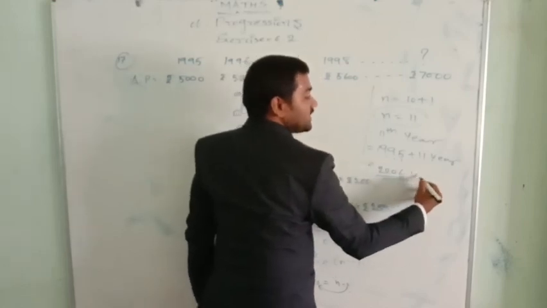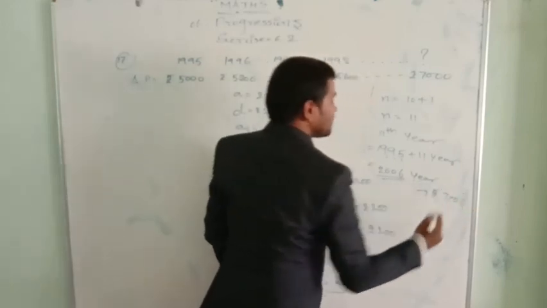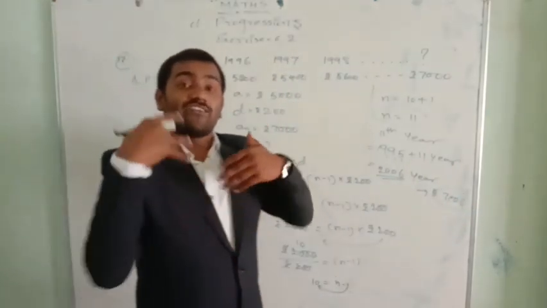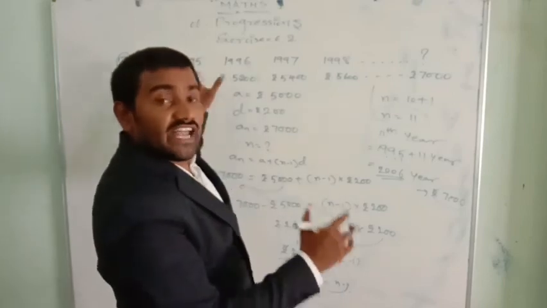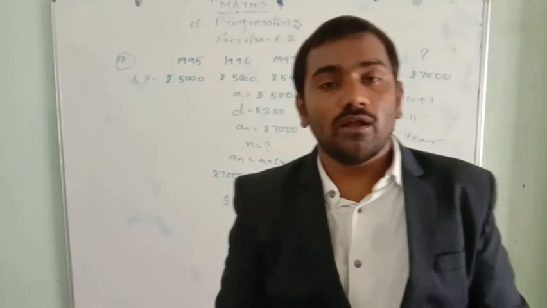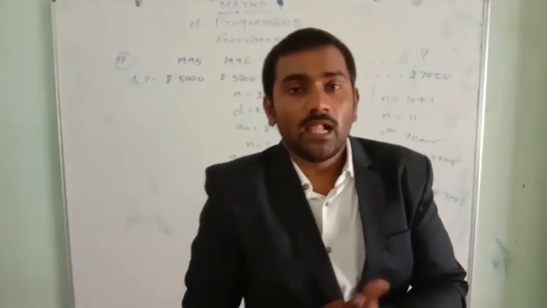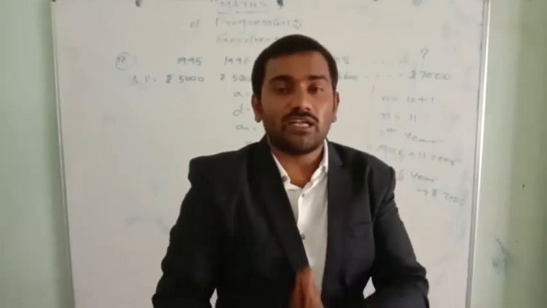In the year 2006, you get the salary of 7,000 rupees. That means if you started the work in 1995, after 11 years you get 7,000 rupees, if the annual increment is 200 rupees per year. Then I hope you understand this exercise completely.